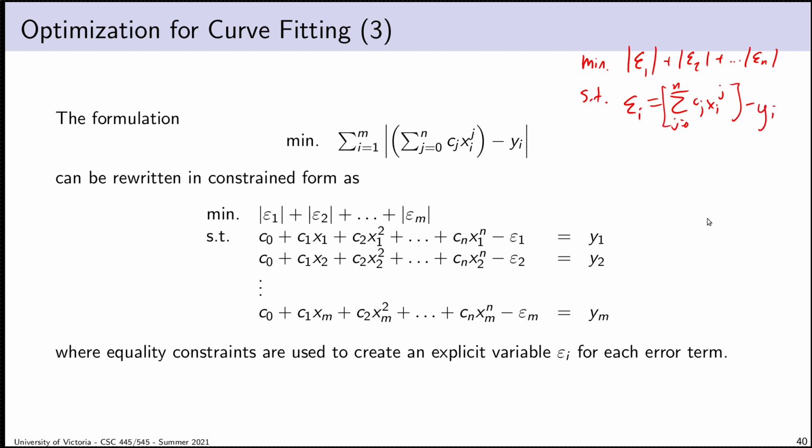So this is my clever way of using an equality constraint as a way of defining a variable, basically. So I'm adding a variable to my objective function. Keep in mind that my optimization variables originally are the c's, the coefficients. I'm now creating extra optimization variables, epsilon i, and I'm using equality constraints to define what those variables must equal. So I'm changing nothing about the problem. In a sense, I'm trading some complexity by taking it out of the objective function and moving it into the constraint system. I'm adding constraints to the problem.